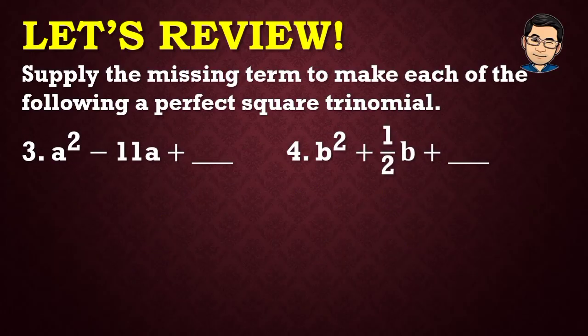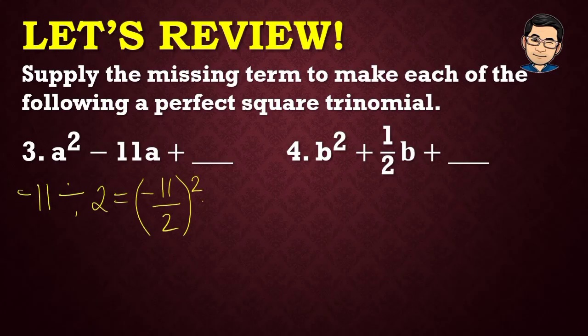Let's have number 3. a squared minus 11a plus blank. In the previous examples, the middle term was an even number. Here, the middle term is an odd number. Anyway, the process is still the same. Negative 11 divided by 2 is equal to negative 11 over 2. Now we square negative 11 over 2.